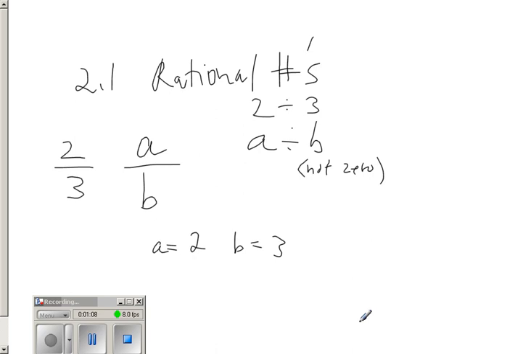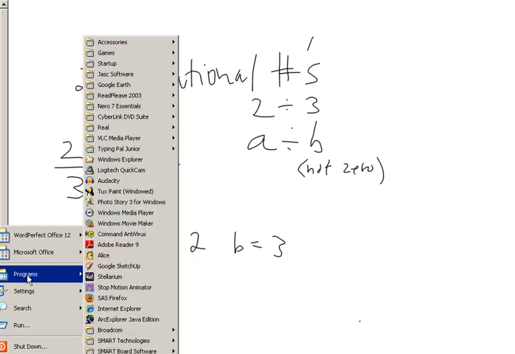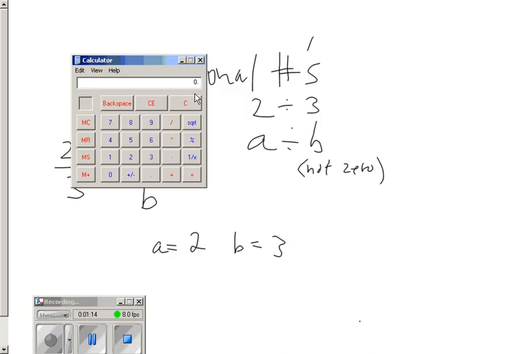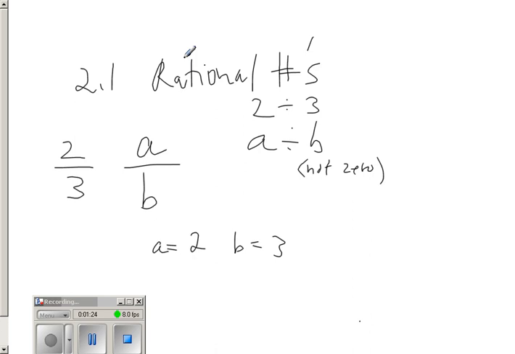I'll pull up my calculator and ask, what is 2 divided by 3? It will tell me it's this big massive number, 0.666 repeating into infinity. So the value of this is actually the same thing as 0.6 repeating.